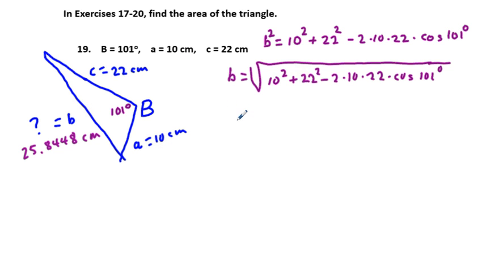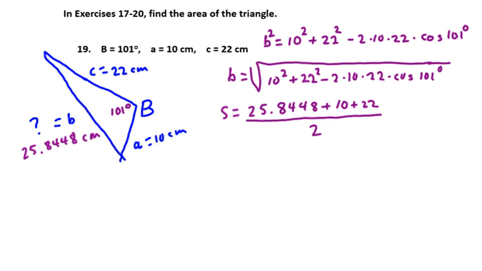So now switching to Heron's formula, we have S is equal to 25.8448 plus side, that's actually side B, and then side A, and then 22 all over 2.